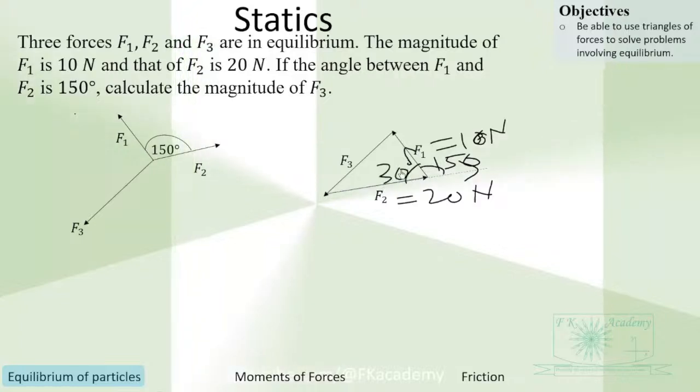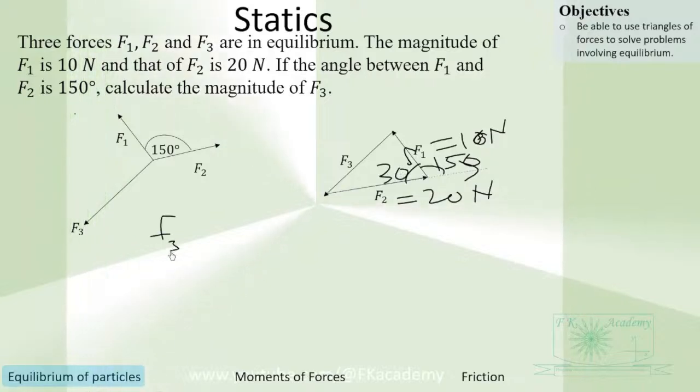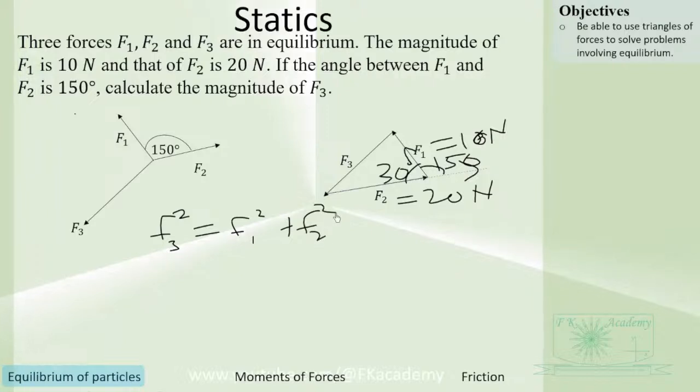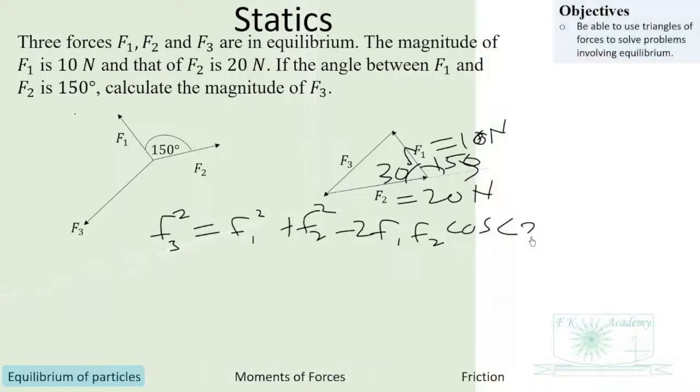So using this acute angle, we can now find F3. So F3 squared will be equal to F1 squared plus F2 squared minus 2 F1 times F2 cos 30 degrees.